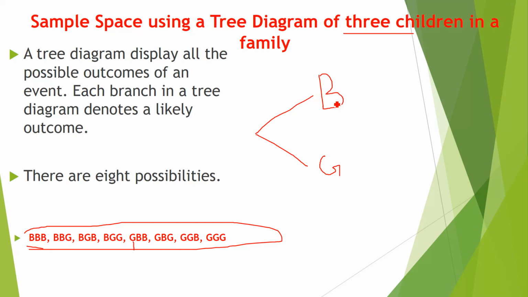So this is the boy, this is the girl. Second, from this boy, maybe they can have one boy and one girl. Similarly, the second possibility is one boy and one girl. From these, again, because there are 3, we will make these branches individually.